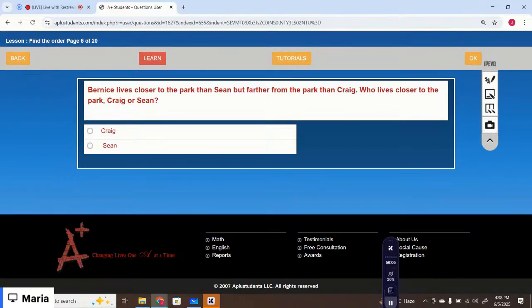Dennis lives closer to the park than Sean, but farther from the park than Craig. Who lives closer to the park, Craig or Sean? So, which is the correct option?